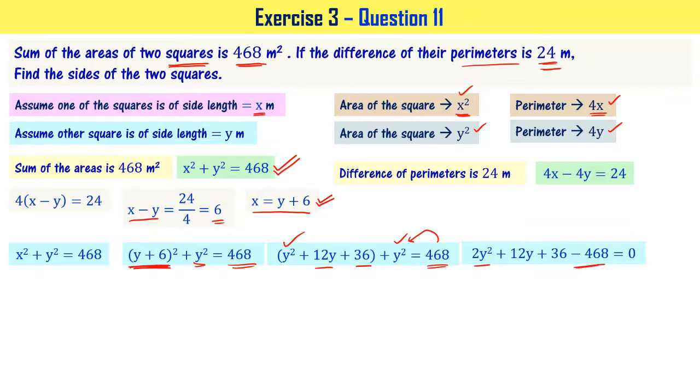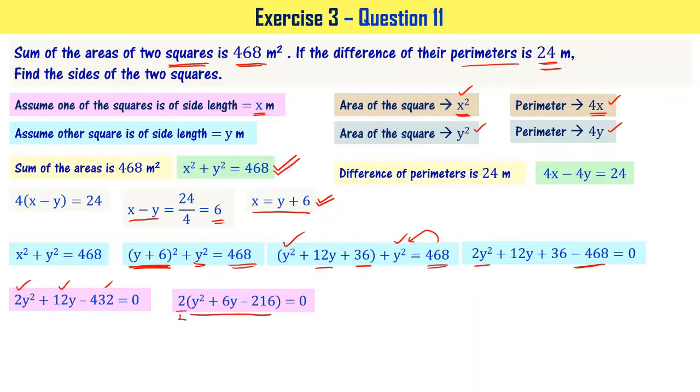Let us simplify this further and write it as 2y square plus 12y minus 432 equal to 0, right? This equation can be written as 2 times (y square plus 6y minus 216) equal to 0, right? Because all these are even numbers, I can take 2 as the common factor out.